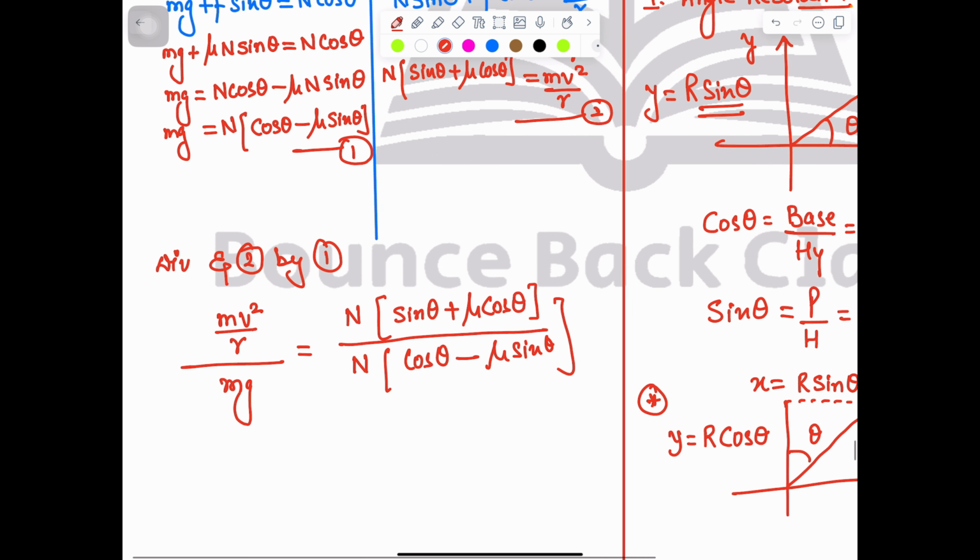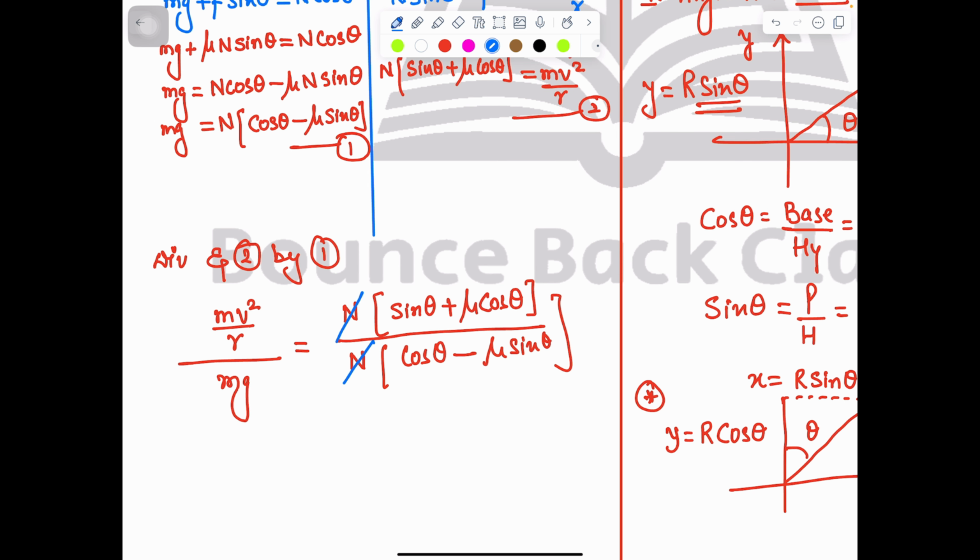Clear? So n and n cancel, m and m cancel. So what is the value? V square over rg equals (sine theta plus mu cos theta) over (cos theta minus mu sine theta). What are we looking for?